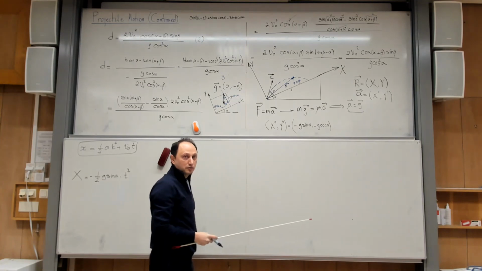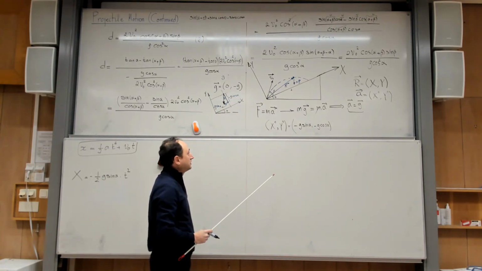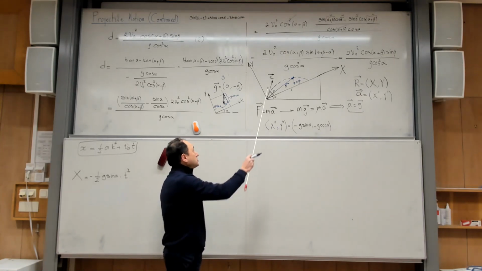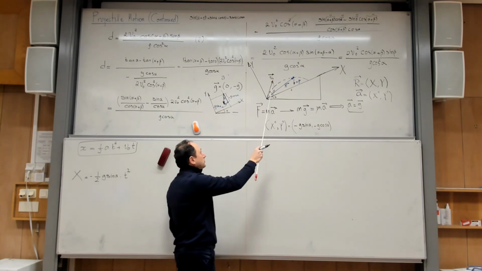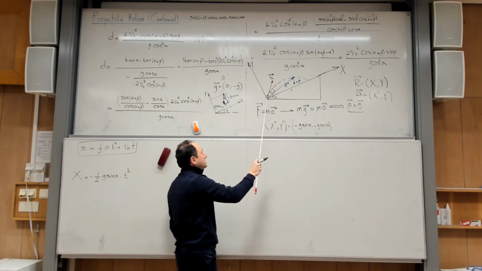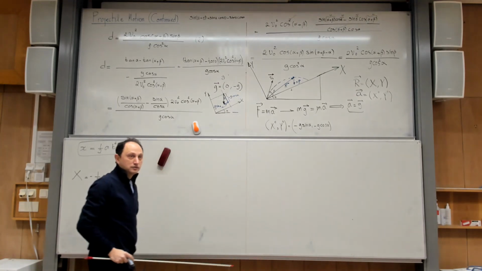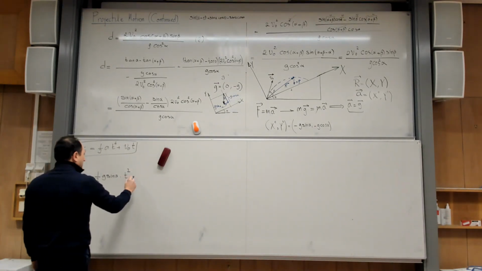What angle was that, in the previous case, yesterday? Alpha plus beta, cosine of alpha plus beta. Do you remember that? Because you wanted to project it along this direction. But now, you just want to project it along this direction. So which angle is involved? Only beta.